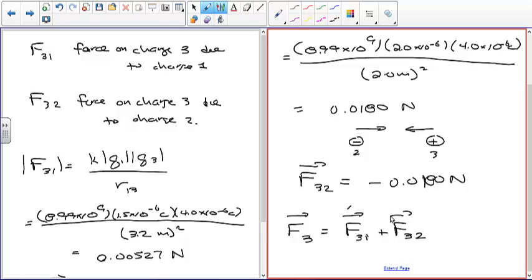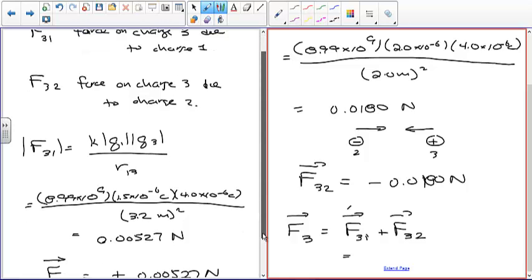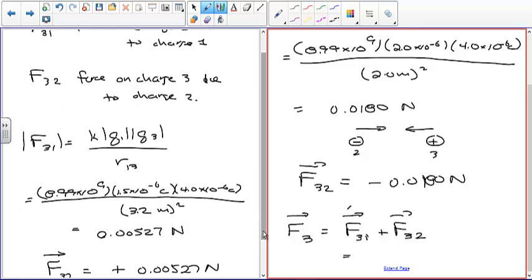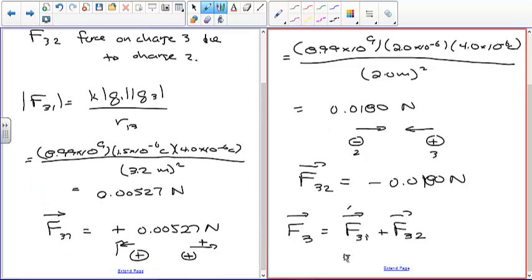This one was positive and that one was negative, so you have 0.00527 newtons minus 0.0180 newtons.